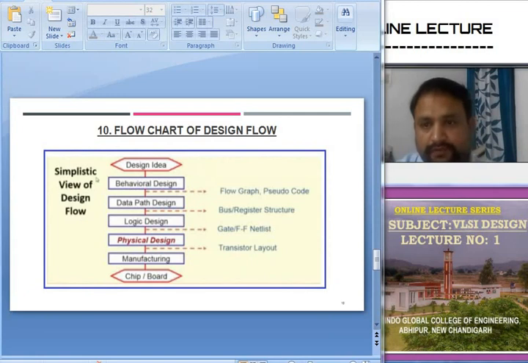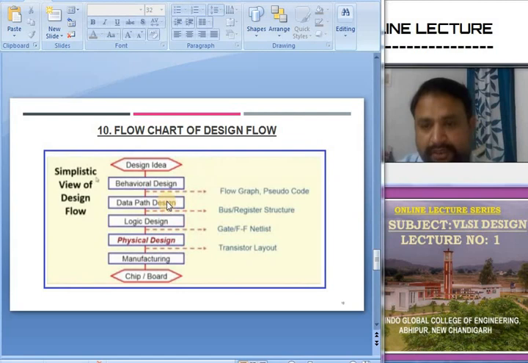Now the flow chart of the design. As you see in the slide, this is a simplistic view of the design flow, where first of all there is one idea, and on that a behavioral design is planned, behavioral design is applied, and then according to the logical structures, logical gates are applied which fulfill the logical design.